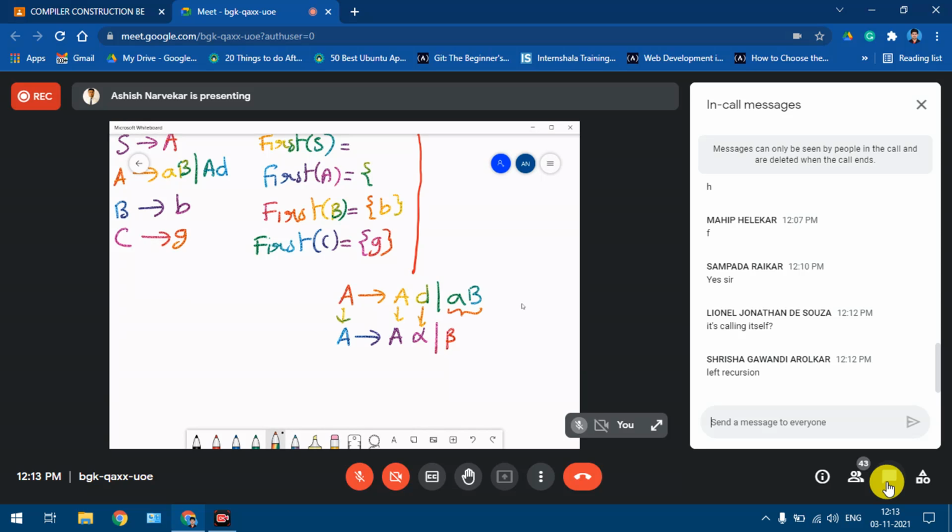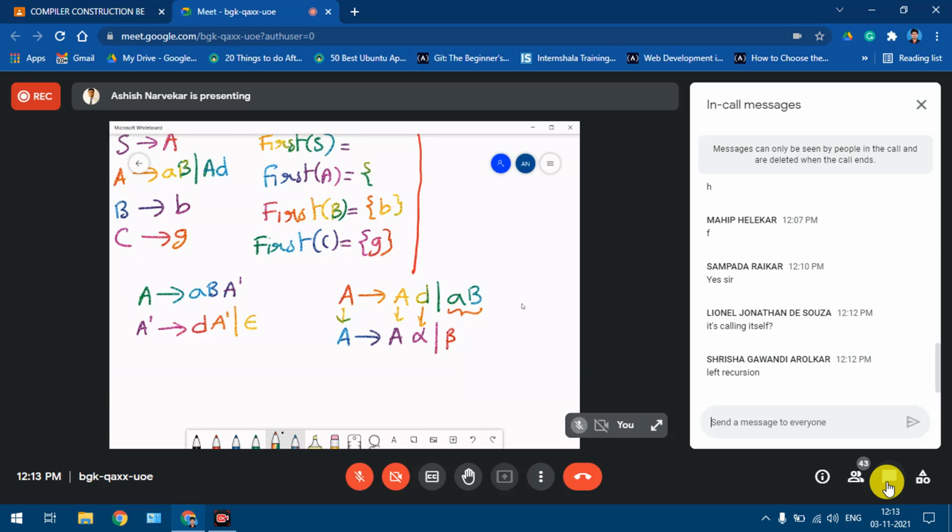So by rewriting this production, what we will get is A derives beta A dash. So beta is B, so A derives B A dash. And A dash is written in the form of A dash gives alpha, alpha is D over here, A dash or epsilon. Okay.